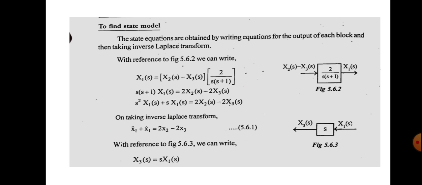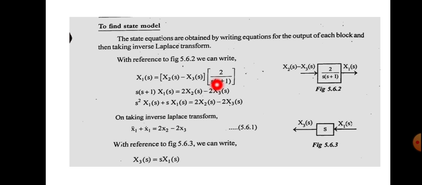See, first of all you are taking X1 of s. How will you obtain X1 of s? That is shown here. That section is isolated here, and you can write the equation X1 of s equal to X2 of s minus X3 of s into 2 by s into s plus 1. So here you have to make some necessary arrangements.